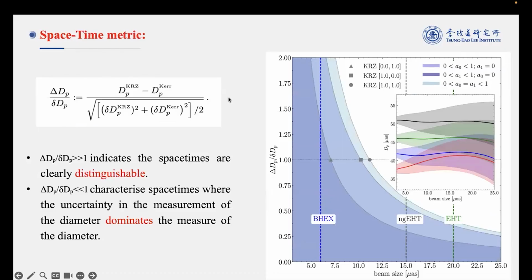Okay. Another thing one can do is talk about the diameter of the photon ring. Like I said, you have this photon ring, and when you do the cross cut, you have two peaks, and the location of these two peaks can be taken as the diameter of this photon ring.